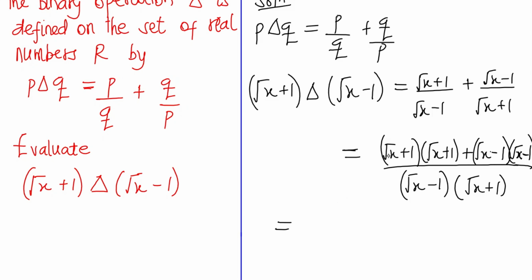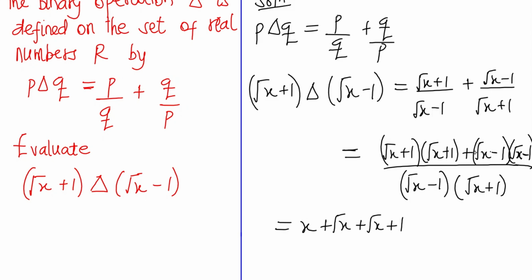Good. So here we continue, and we can multiply. Square root of x multiplies square root of x, that gives us x, and square root of x multiplies 1, we have plus square root of x. Then 1 multiplies square root of x, we have plus square root of x, and 1 multiplies 1, we have plus 1.